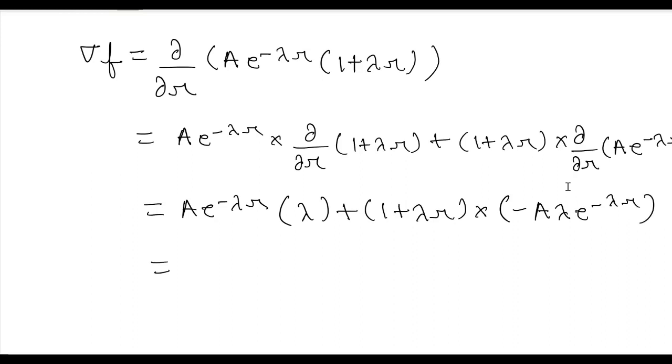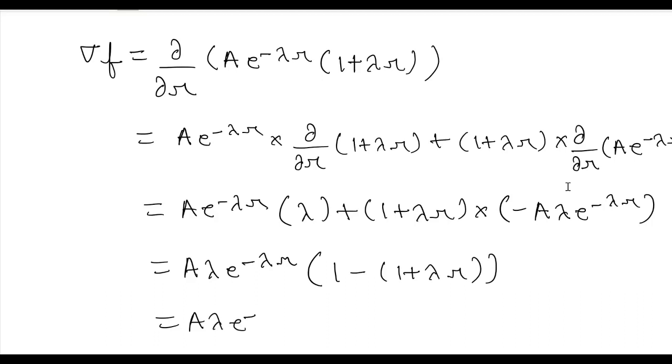Now again we can take the a e to the power minus lambda r common. Actually, we can also pull out the lambda. A lambda e to the power minus lambda r times (1 minus (1 plus lambda r)), which is a lambda e to the power minus lambda r times minus lambda r.